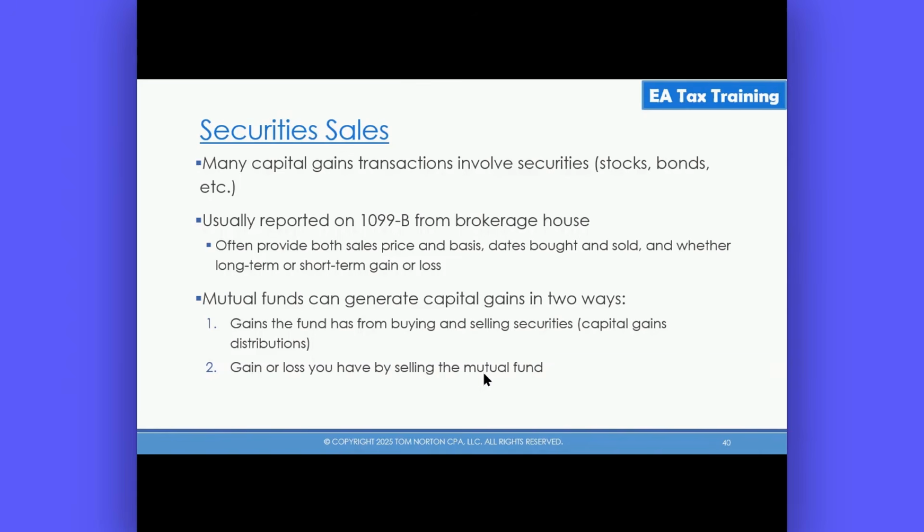So when they are buying during the year, they are likely buying and selling securities. So they can obviously have capital gains as part of that process. And so when they do, they will then make capital gains distributions out to those people who own part of the mutual fund.